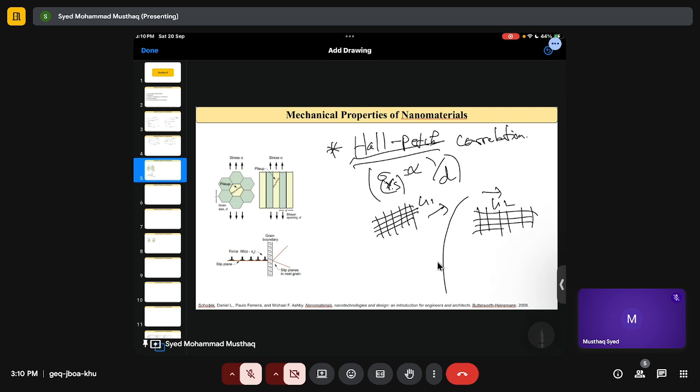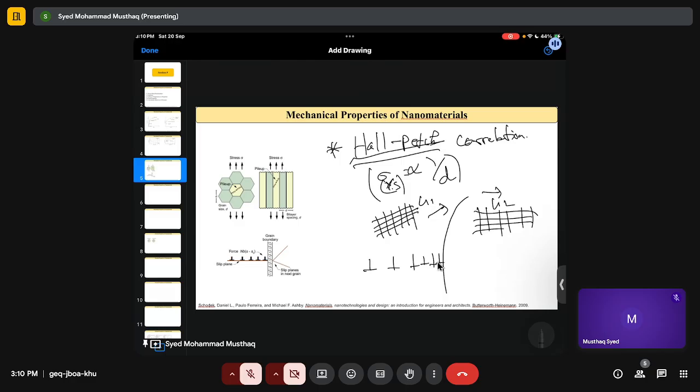For this you need not assume so many things. That's why I have said we didn't derive it. What you need to think is that the dislocations are getting piled up. This thing we have heard many times, so please bear with me.